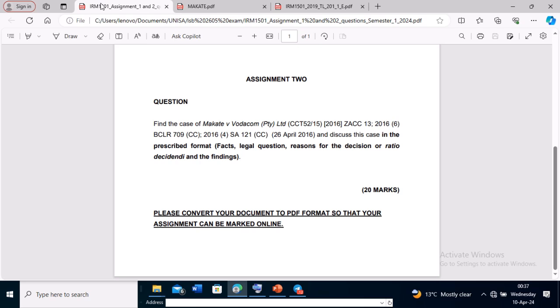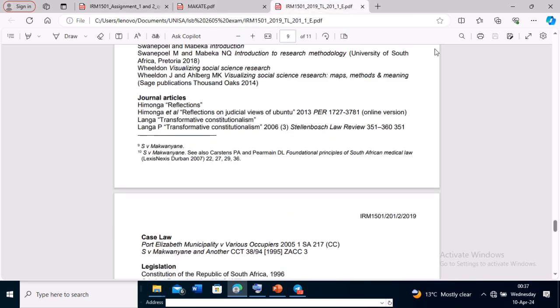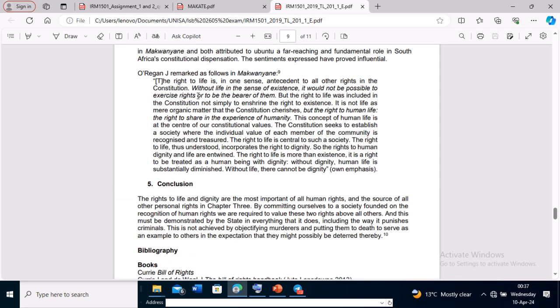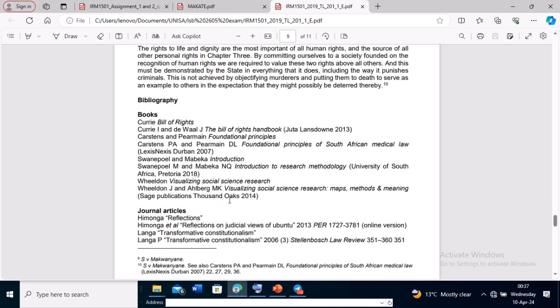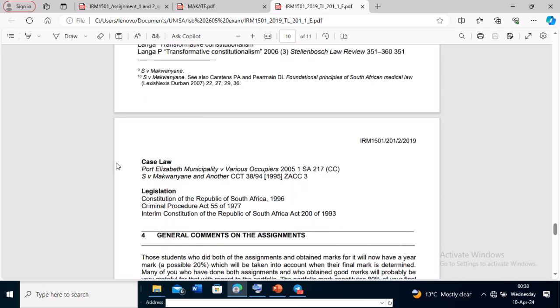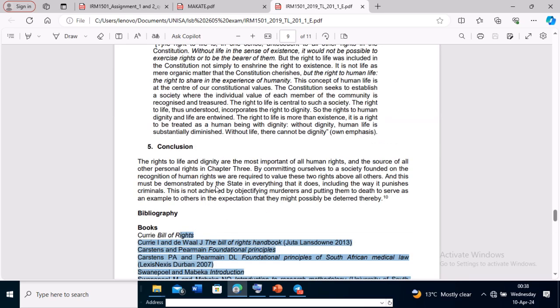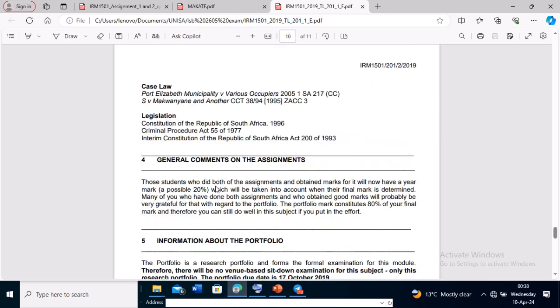legislation, books, and journals. Let me show you with one of the old assignments. I just chose a random memorandum. You can see this case is S versus Makwanyane, the case that every law student has to know by heart. As you can see, in the bibliography we have books, and here are those books, and then we have a journal article, and then case law and legislation.